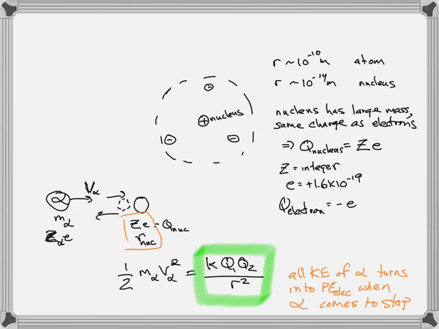Right? The force between two charged particles is kqq over r squared, and the work done is the integral of F dot dr, which is also equal to the potential energy, or the change in potential energy, which is equal to minus kqq over r.